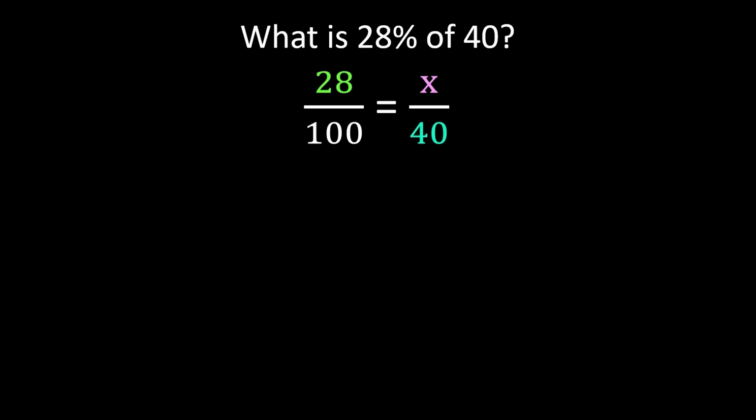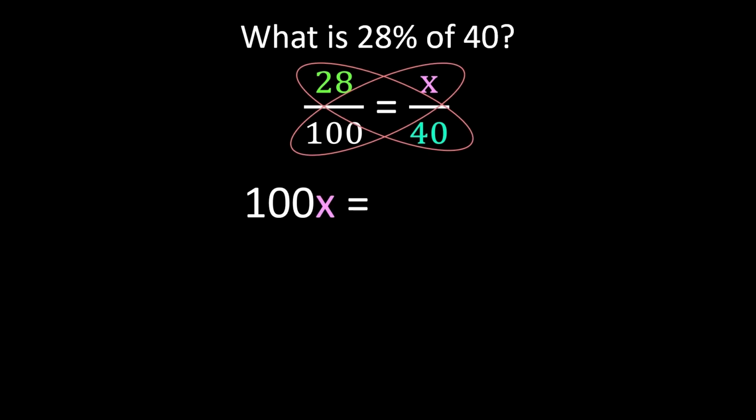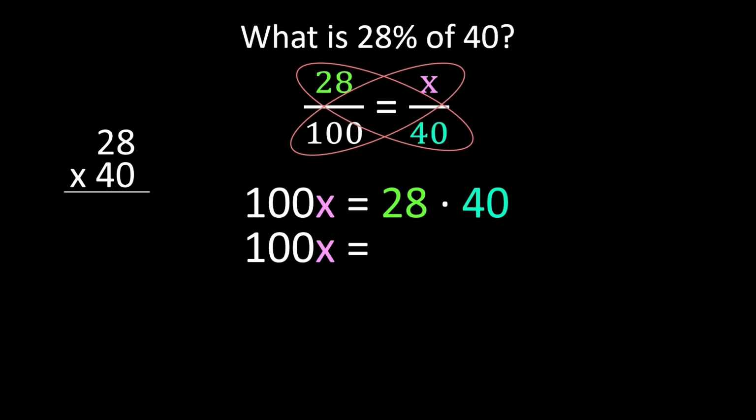And I'll start with 100 times x equals 28 times 40. And I'm going to need to go off to the side to do 28 times 40. 0 times 28 is 0. Then 4 times 8 is 32. 4 times 2 is 8, plus 3 more is 11.